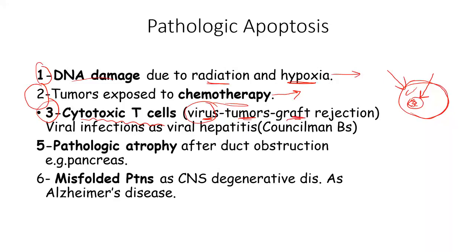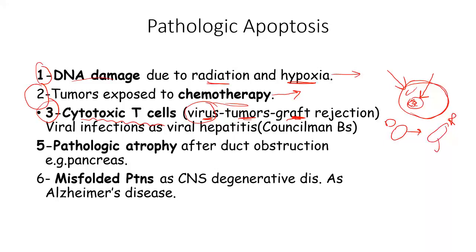The negative or the bad effect of this cytotoxic T cell occurs in graft rejection. A graft is a transplant. You bring a part of an organ or a whole organ like the kidney and transplant it into the recipient. So it comes from the donor to be transplanted into the recipient.